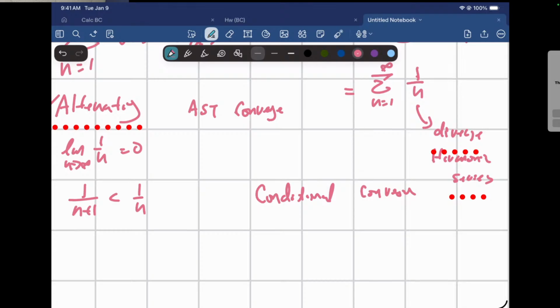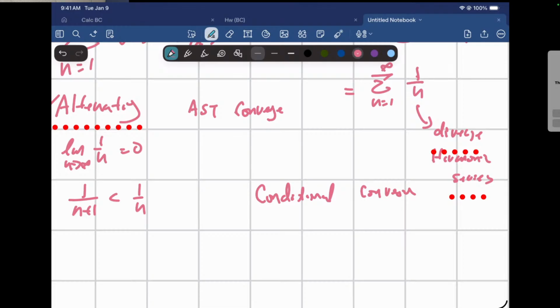Yes. For the sine of n problem you did earlier, how did you know that it was absolute convergence and not absolute value? Because if we take the absolute value, it doesn't matter what the sine of n result is going to be. Sine of n is going to be positive, negative, positive, negative. We don't know which term it is. But when we take the absolute value, even sine of 4, which is supposed to be a negative value, will end up positive.